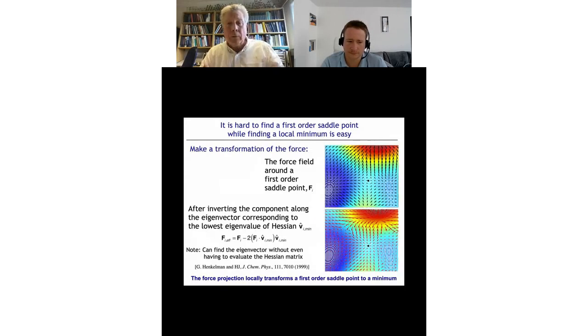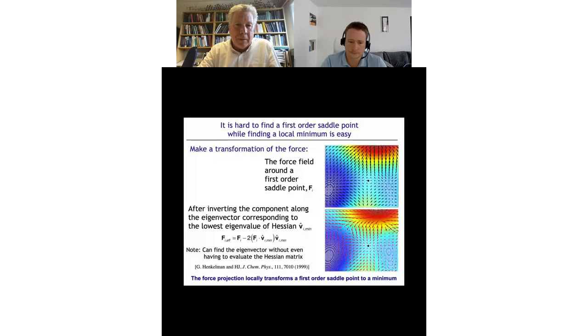So once you are out of the basin around the minimum where all the eigenvalues are positive, and you go into a region where at least one, if not more, eigenvalues are negative, you want to find the eigenvector that corresponds to the lowest eigenvalue.